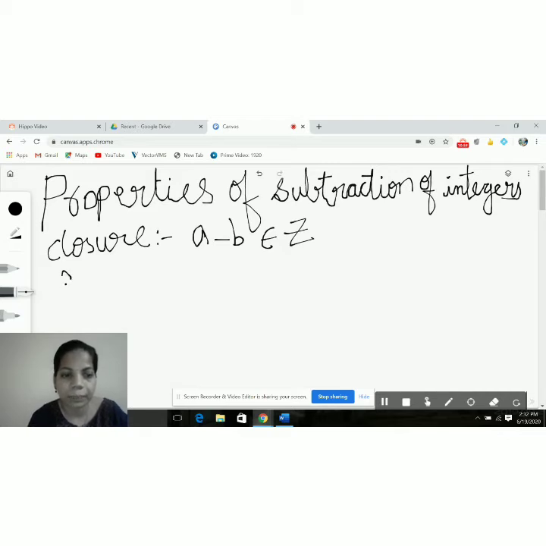Let us take a is equal to 4 and b is equal to minus 3. So a minus b, we have to do a minus b, right? A is equal to 4 minus b, right?